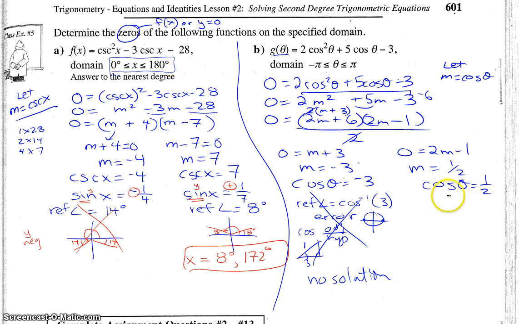So cos theta equals 1/2. That sounds like unit circle to me. So where cos, which is x, is positive, would be quadrant 1 and 4. And that 1/2 would be in these two locations. Okay, so theta, oh, look at our domain here. We need to describe it between -pi, which would be all the way to here, and +pi, which would be to there.